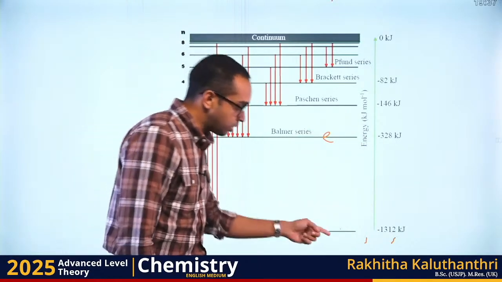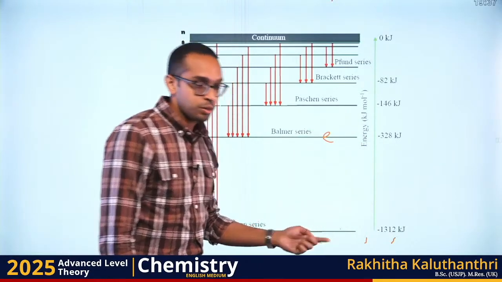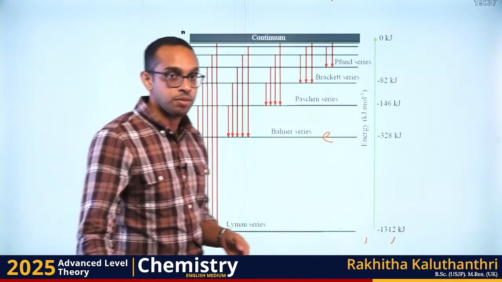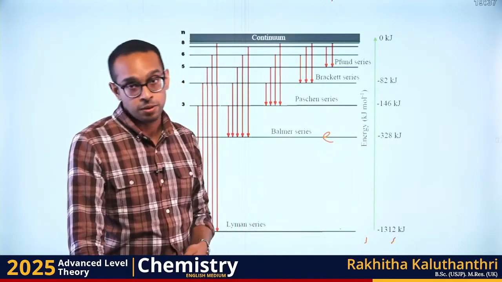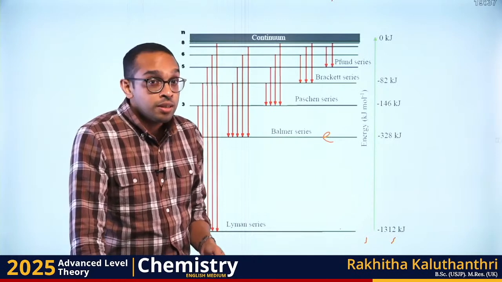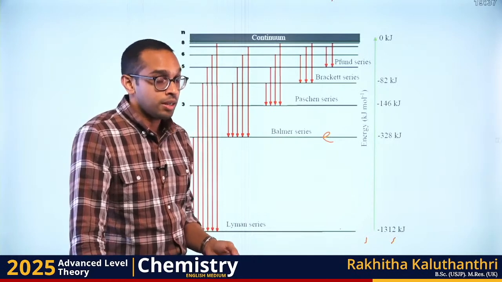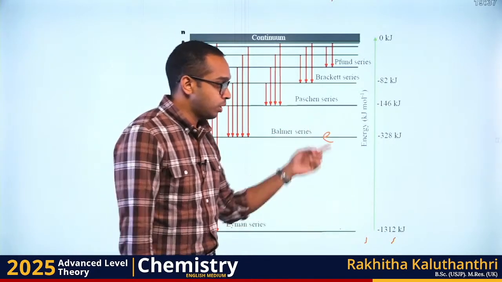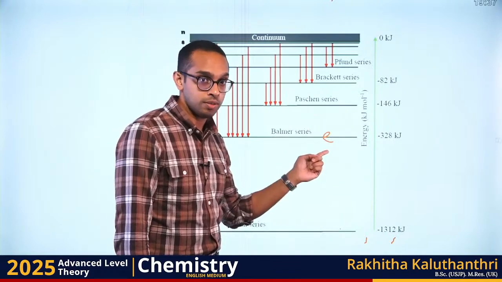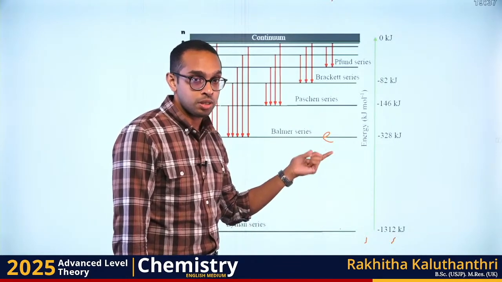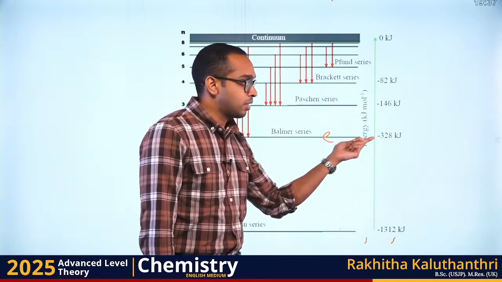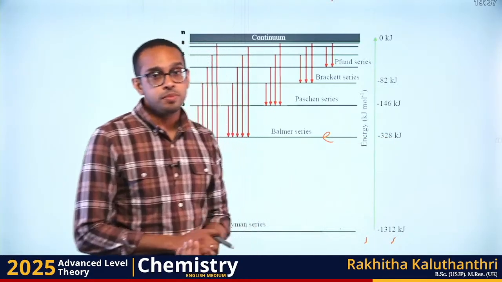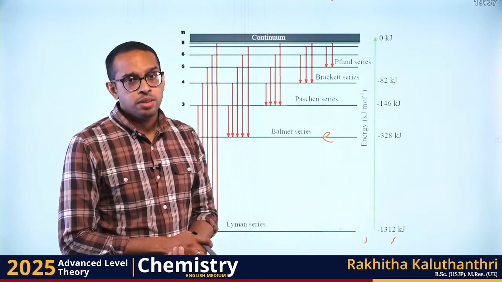If the energy of the first energy level electrons is 1312 less than a free electron, and this is only 328 kilojoules less, which has higher energy electrons between these two energy levels? This one definitely has electrons with a high amount of energy. That's why the negative value of the energy of that energy level is smaller.